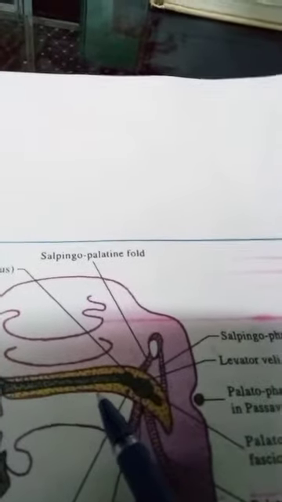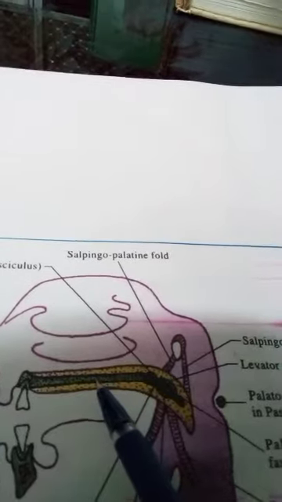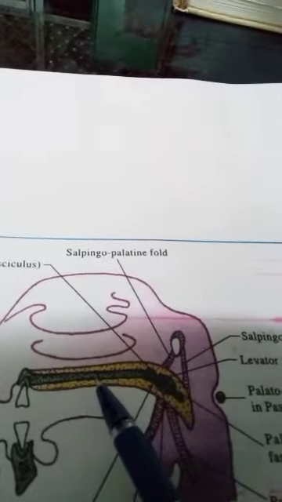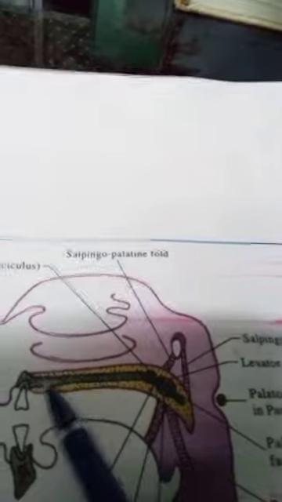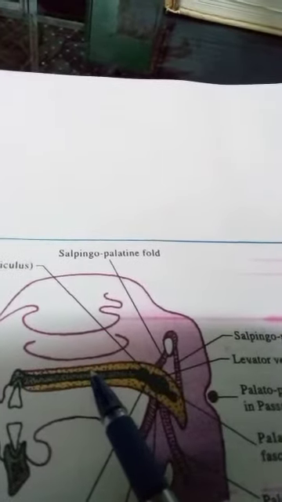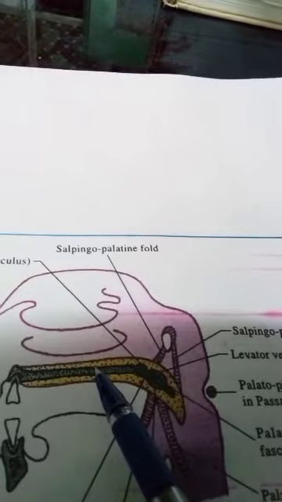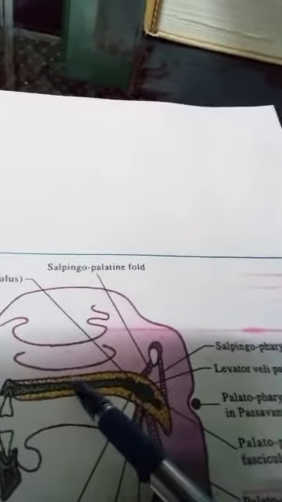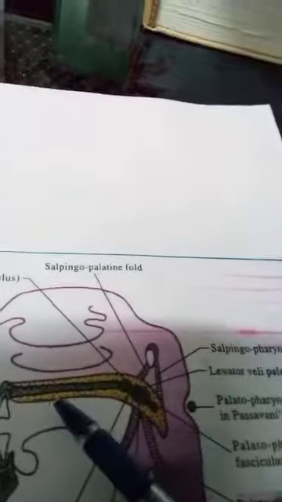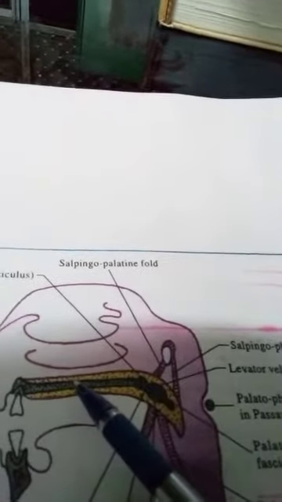Now, a few words about the hard palate. So, this anterior two-third bony framework is the hard palate. It is formed by the palatine processes of the maxilla in front and horizontal parts of the palatine bones behind. It has an upper surface and a lower surface.